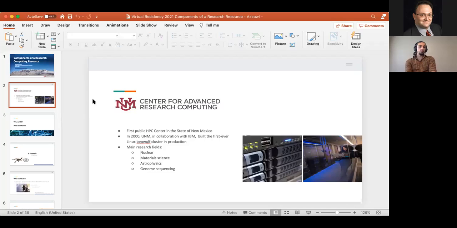Our research, as in utilization of our systems, is focused mainly on nuclear, material science, physics, and biology, which I believe are the top fields in most HPC centers, in addition to a vast variety of different topics, even humanitarian and business, using the machines.